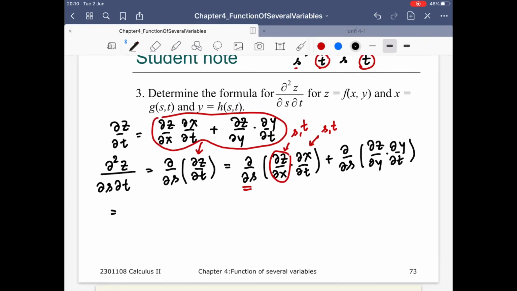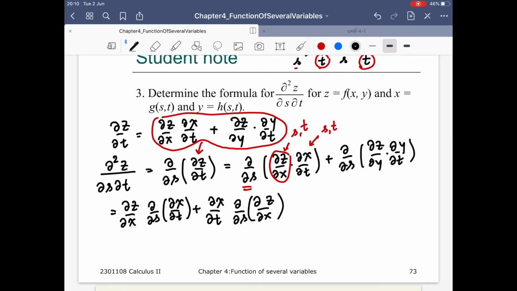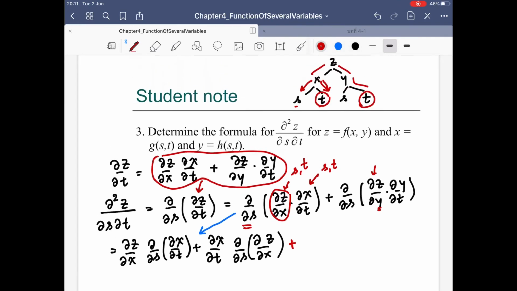So it is the first and then the derivative of the second, plus the second and the derivative of the first. So this one is from your first term here. And then for your second term you have the same thing, because here is a function of x and y, but your x and y depend on s and t, and your y depends on s and t at the beginning.